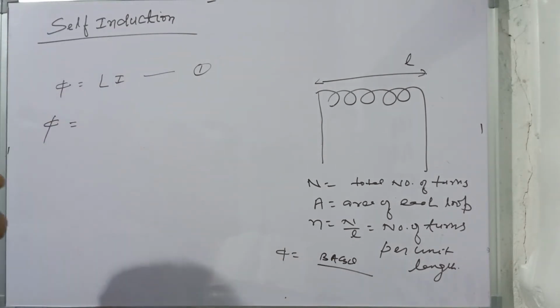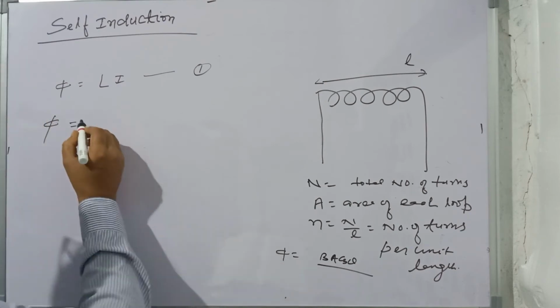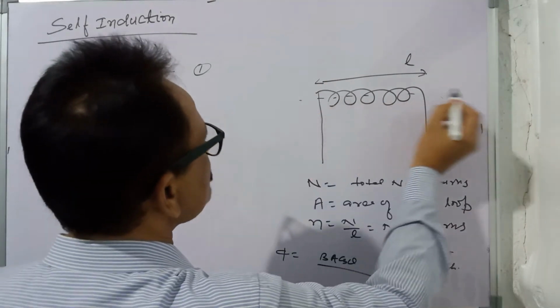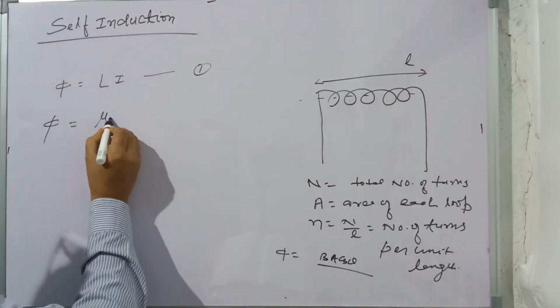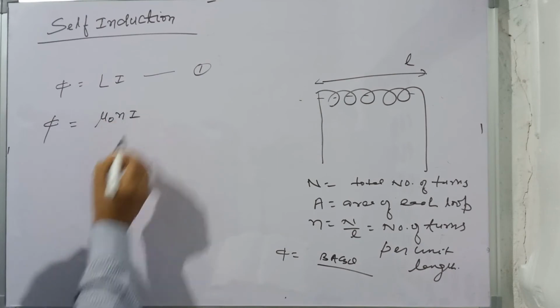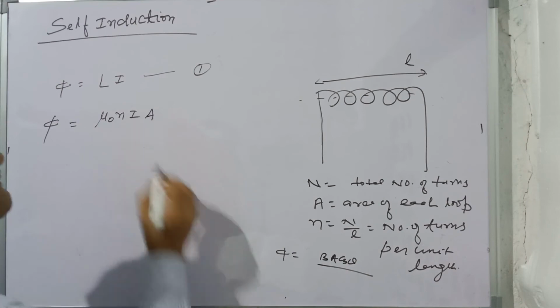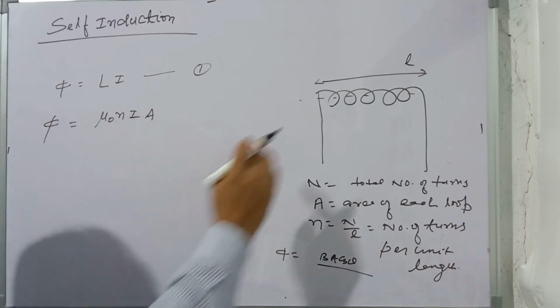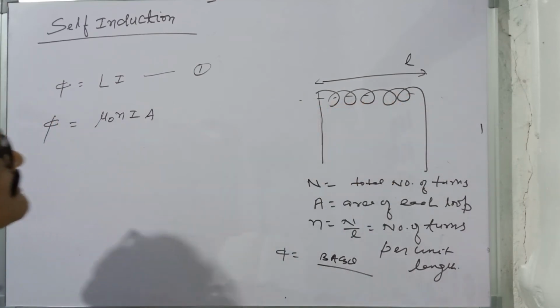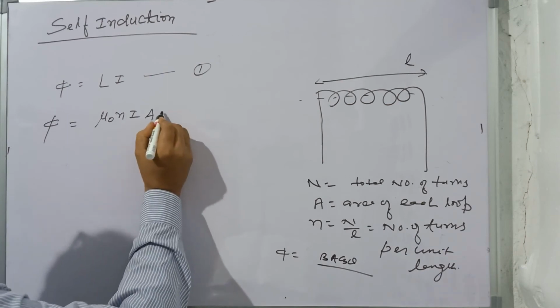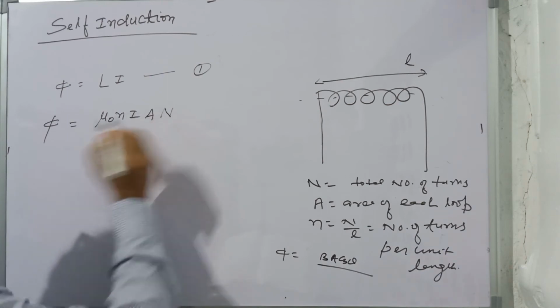You know that for the solenoid, the magnetic field along its axis is equal to mu naught n I. This is B. The area of each loop is A, but there are so many loops, and the total number of loops is N, so the total area is NA.